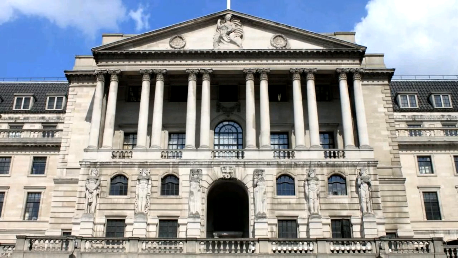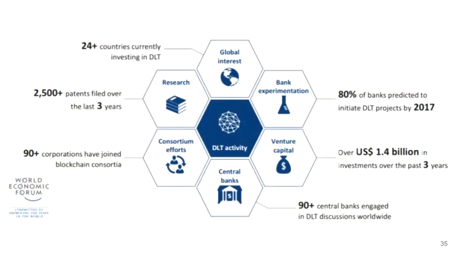So staying on this topic of banks, what about a central bank owned digital currency? Here's some quick facts about central banks and their interest in digital currencies and blockchain. So why are governments interested in this?